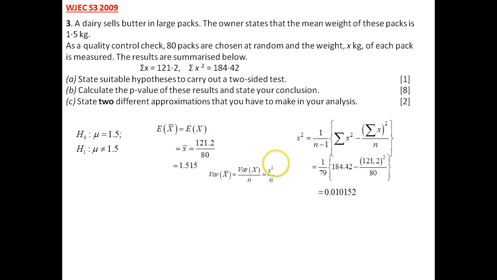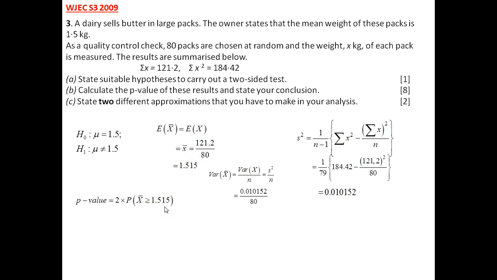Our estimate for the variance of x is s squared. So that divided by 80 is our variance for x bar. So now then we need p-value. It's two-sided. So our sample gives us a mean of 1.515.